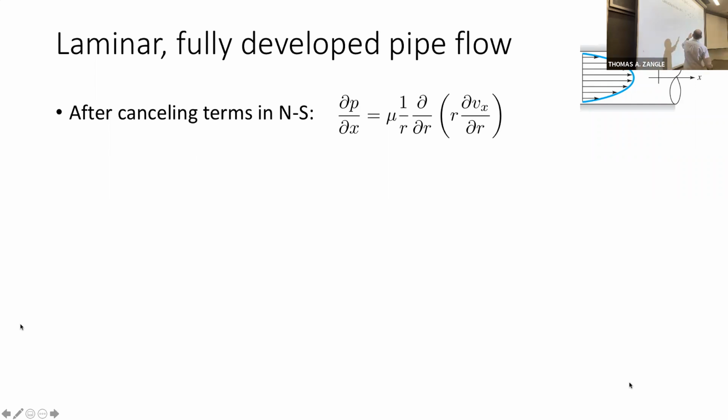We've moved it over to the other side. Remember there was a negative sign when it appeared on the right-hand side. That came all the way back from the fact that we defined pressure as being positive in compression. Anyway, we pulled it out to the left-hand side, and now we have dP/dx is mu times 1 over r, partial with respect to r of r times partial of Vx with respect to r.